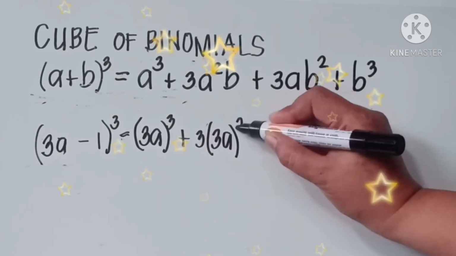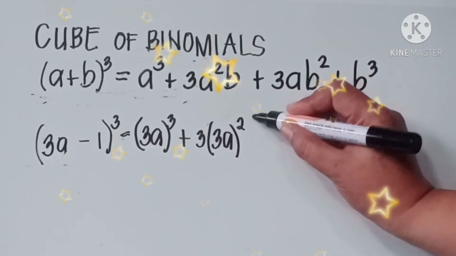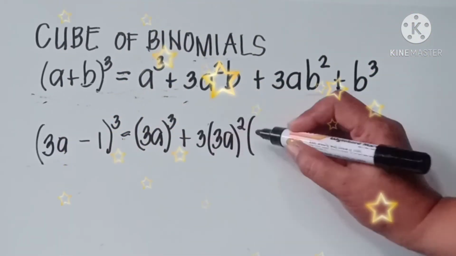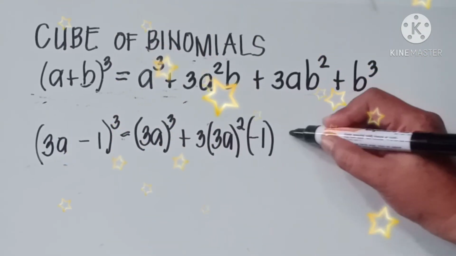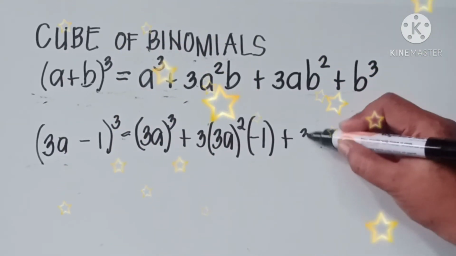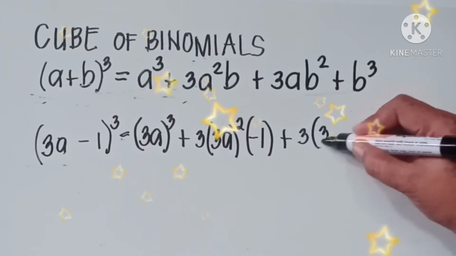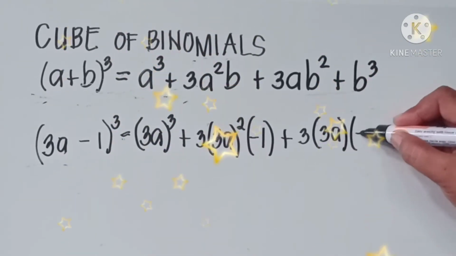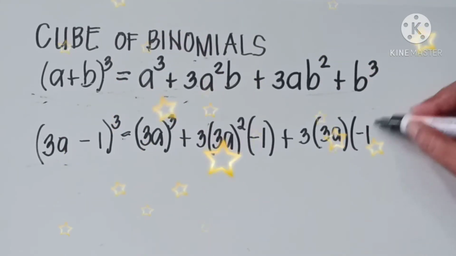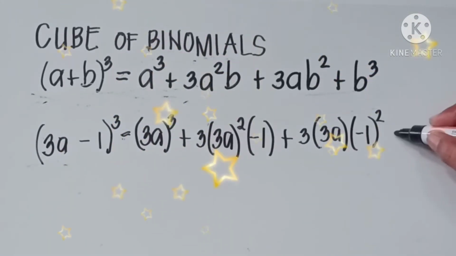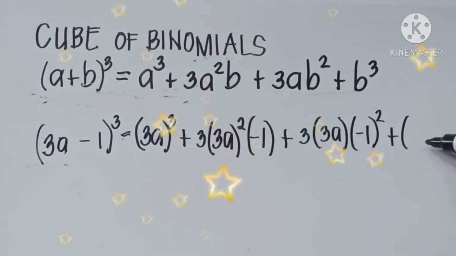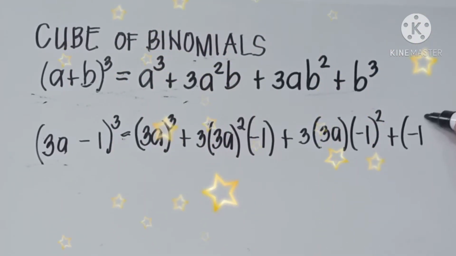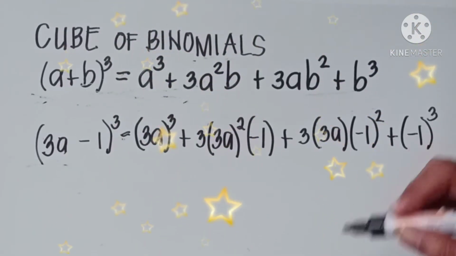Then, this is raised to the second power. Then, multiply this by b, which is negative 1. Then, plus 3 times a is 3a. Then, plus or times the square of b. So, that is negative 1 squared. Plus b is negative 1. Then, raise this to the third power.